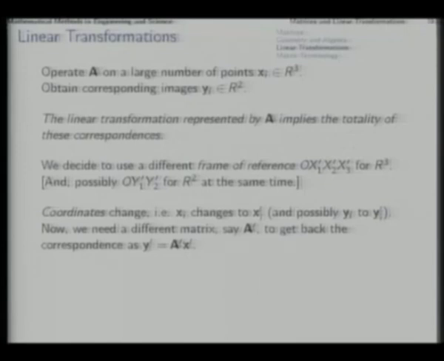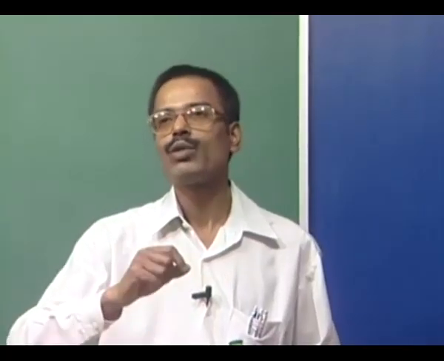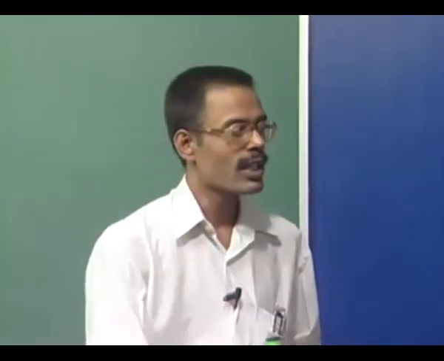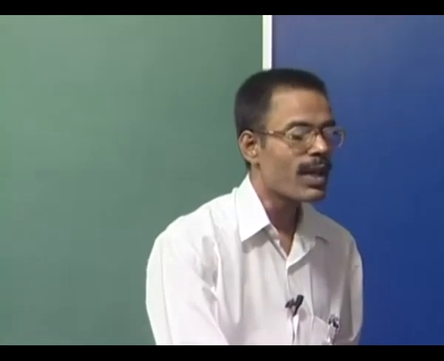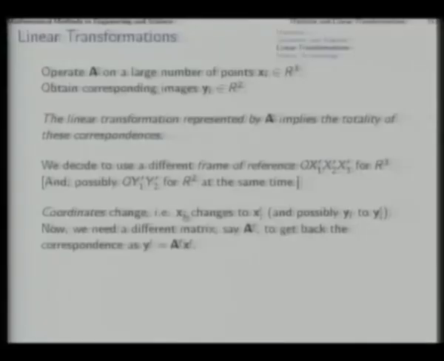For the same old points, due to the change in the frame of reference, the coordinates will change, and accordingly the numbers in these vectors xi will change. Suppose the changed coordinates are represented with xi prime. Similarly, if there is a change in frame of reference in the codomain also, in the y plane also, then possibly those vectors yi will now be represented by different new numbers given in yi prime.